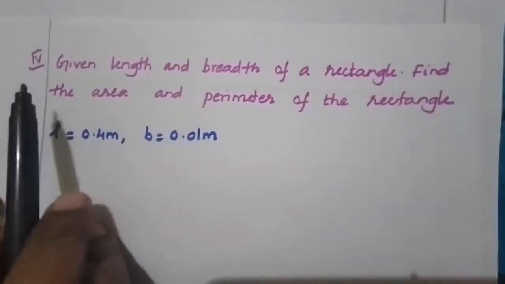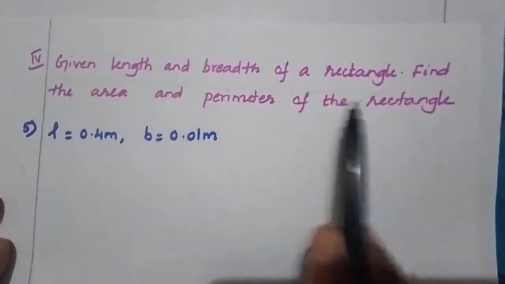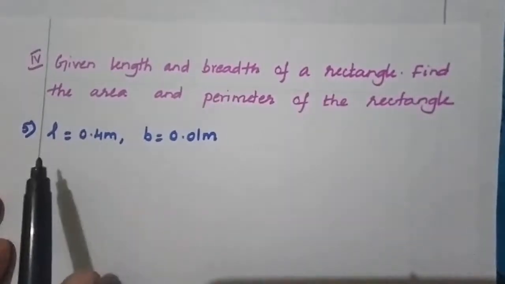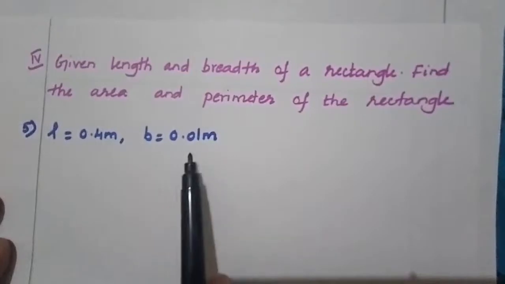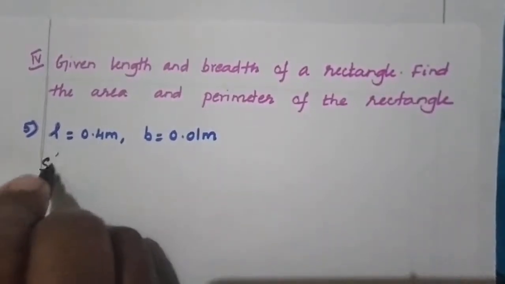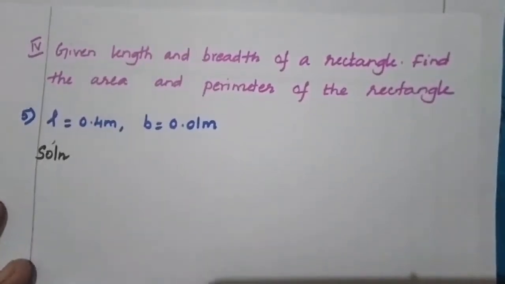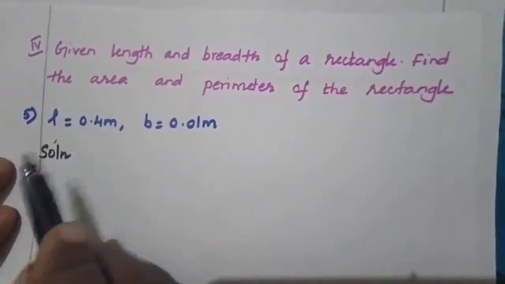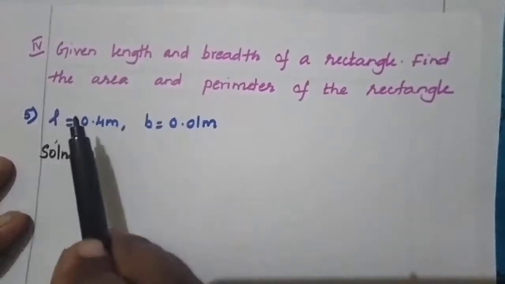Exercise 4.2, fourth Roman letter. Given the length and breadth of a rectangle, find the area and perimeter of the rectangle. Here they are given the length is 0.4 meter and breadth is 0.01 meter. They ask you to find the area as well as the perimeter. So first we will find the area of the rectangle.